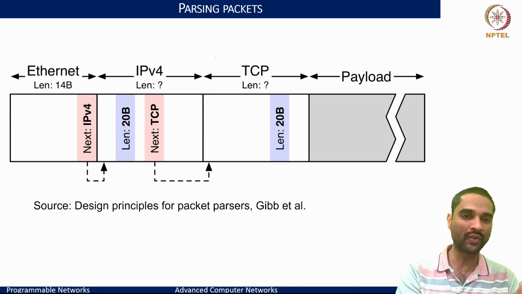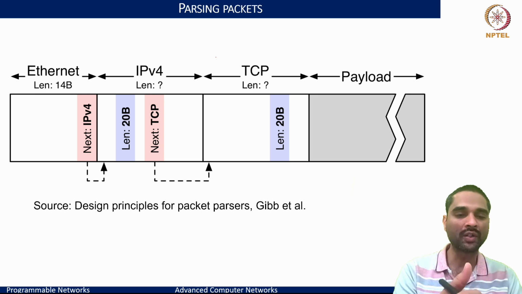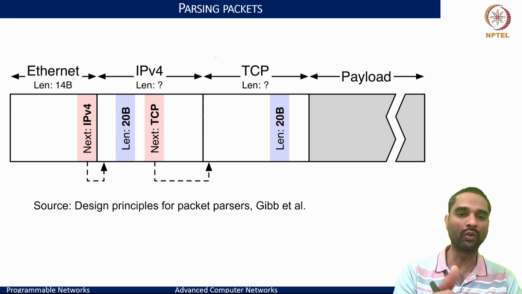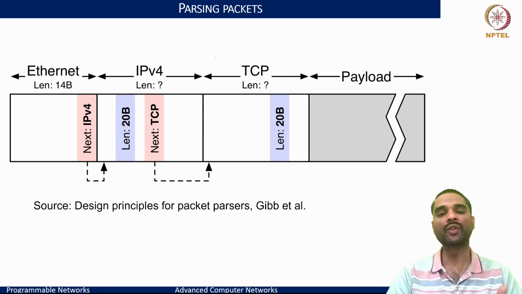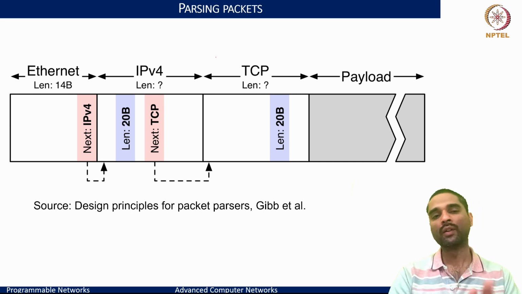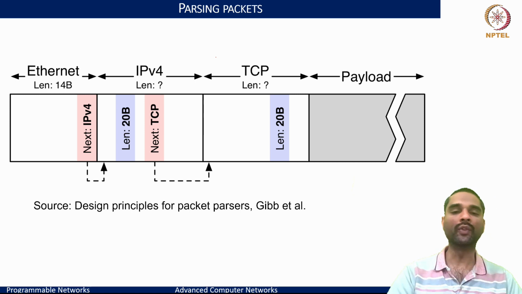So you parse the first 14 bytes and identify what is next, that is the ether type. And if the ether type happens to be IPv4, 0x0800 or the value corresponding to that, you would see what is the next entry that you would want to look up. And likewise, your parse graph would then say switch from Ethernet to IPv4.